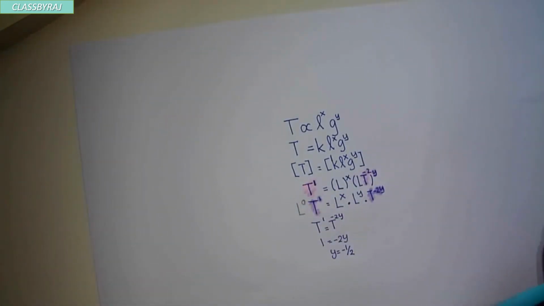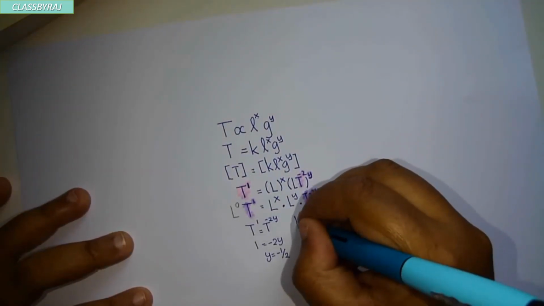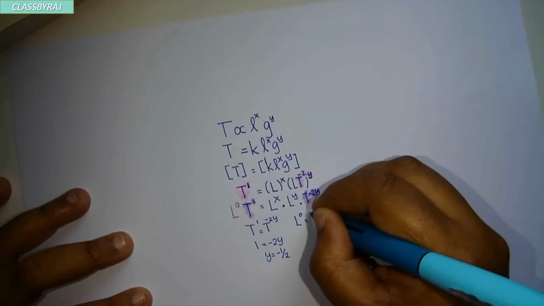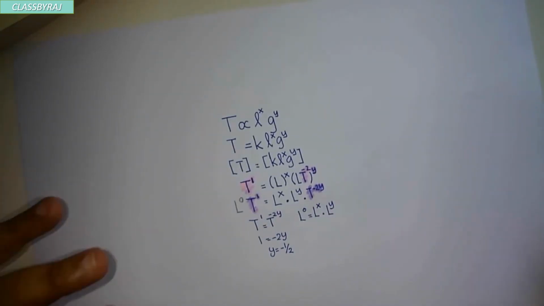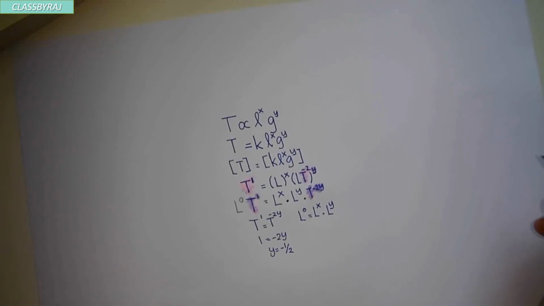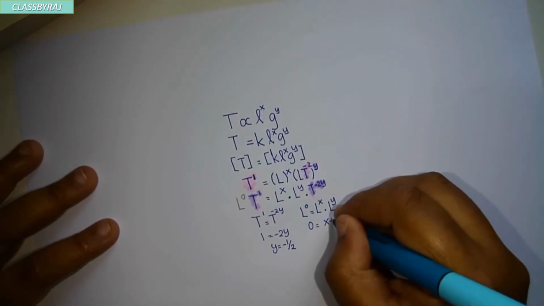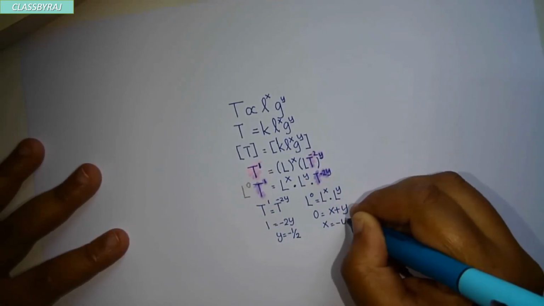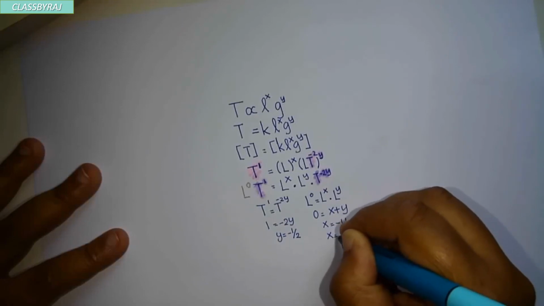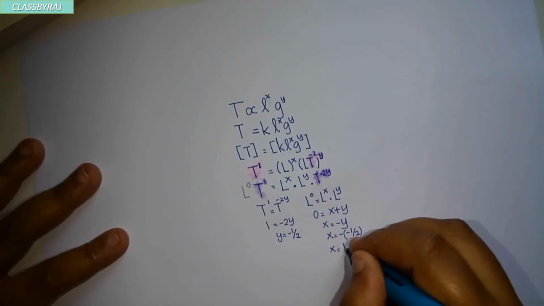L to the power of 0 means 1. So here I can say L^0 equals L^x L^y. Base times index will add. So 0 equals x plus y. So x equals -y. So x is negative negative half, x is half.